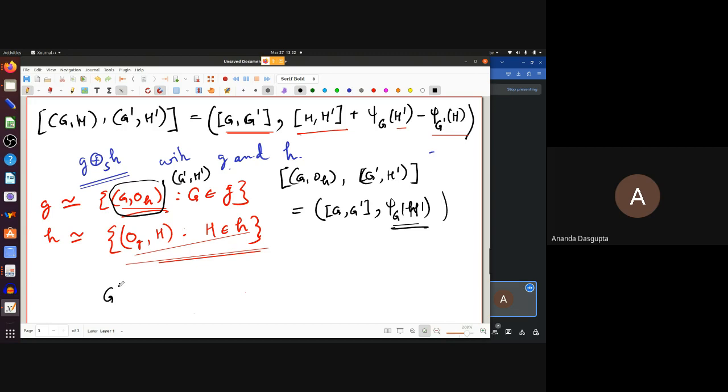Let's take (G', H') and form a Lie bracket with, okay, let's take (0G, H) and form a Lie bracket with (G', H'). Of course, the 0G Lie bracket with G' is going to give you 0.